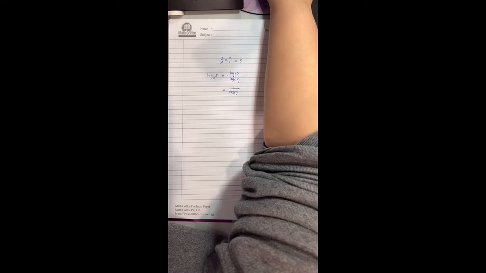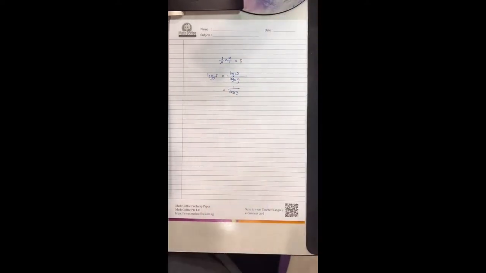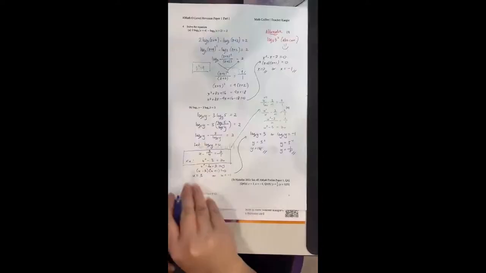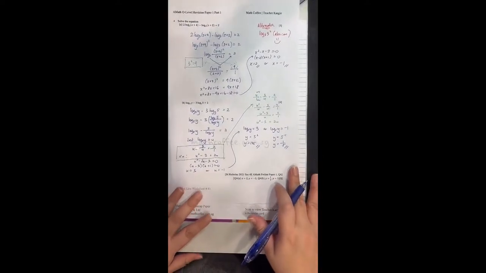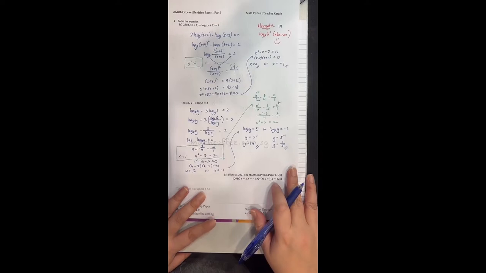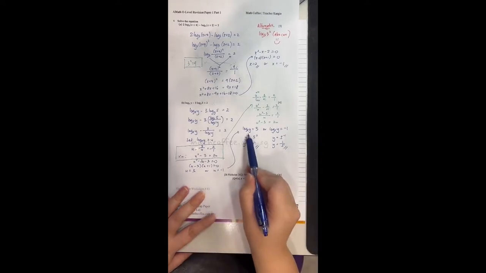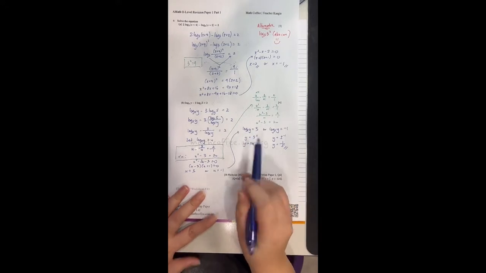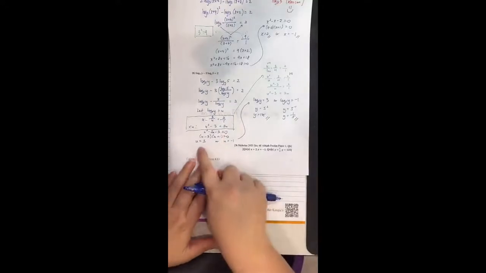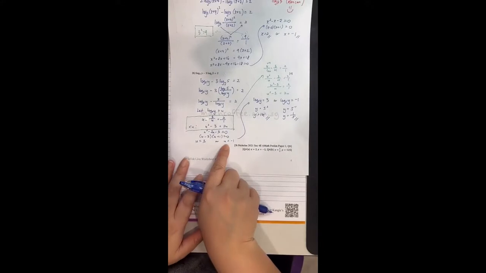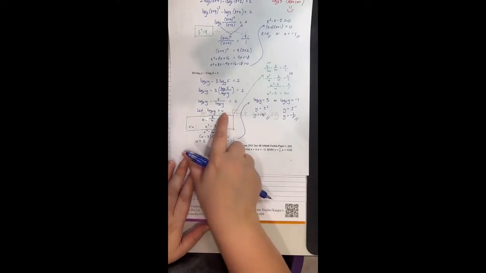How do you get the y value at the end? Okay, I resolved the question already. So just now someone asked, how do I get the y in the end? What I did was again change of base. See here, after I resolve my u equals 3, u equals negative 1, I pull back because just now I let my u equals log 5y, agree?